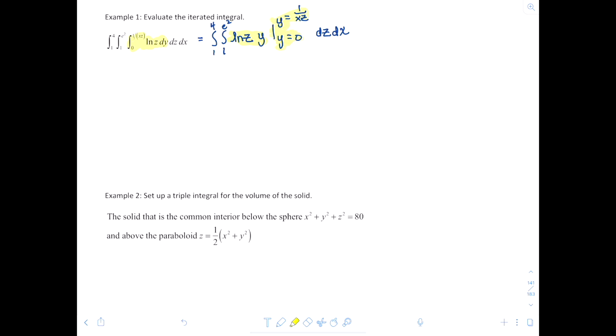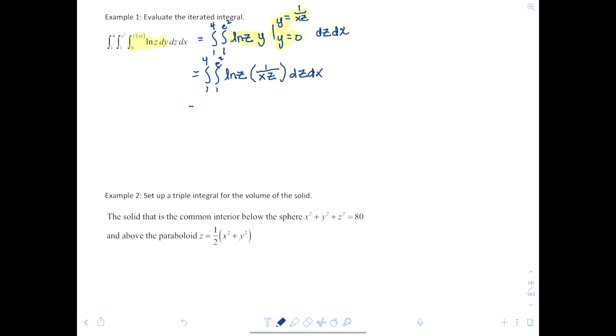All right, so now this will be the integral from 1 to 4, integral from 1 to e squared, natural log at z, and then when I do the lower limit of integration, it will zero out. So I just need to multiply by 1 over x times z, dz dx. Cool so far? Okay, now here we go.